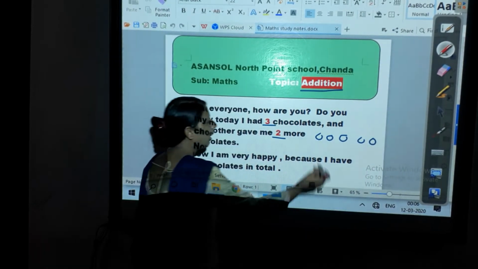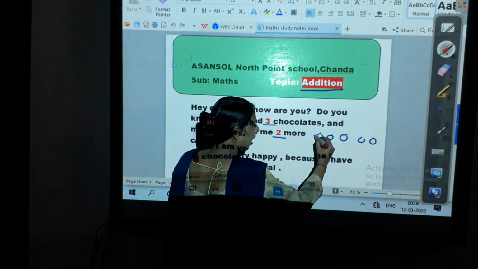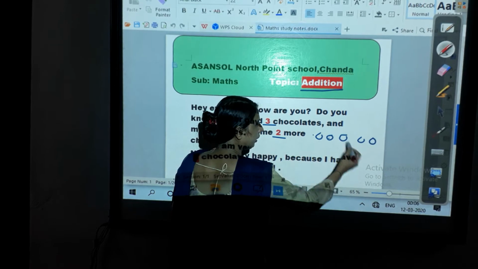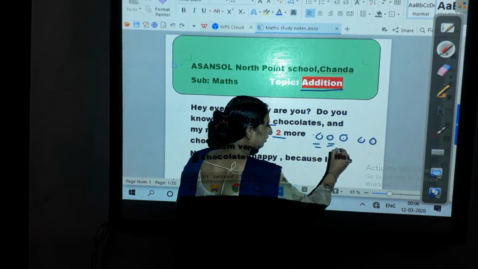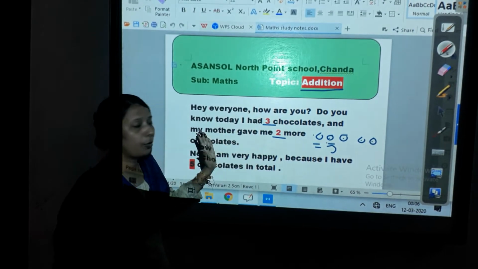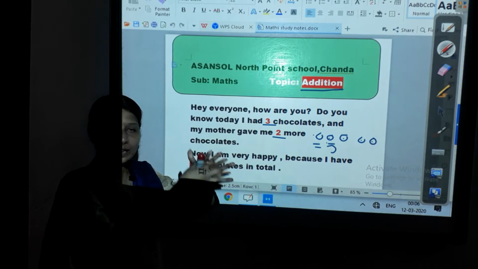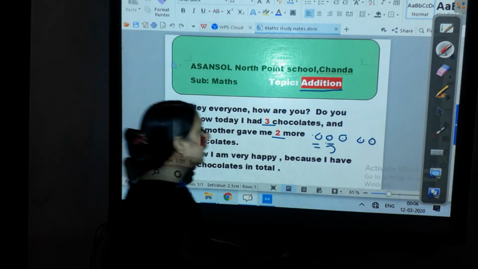So if we add all this, it will come as 1, 2, 3, 4, 5 in total. So in total, now I am having 5 chocolates. So the process in which we are adding the things or the numbers is called addition.